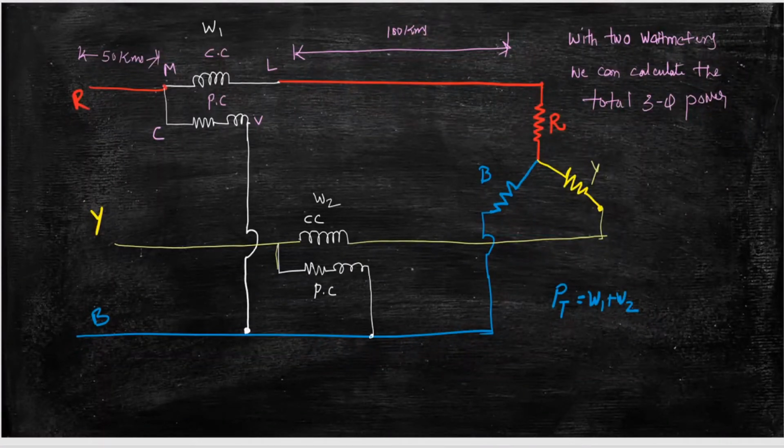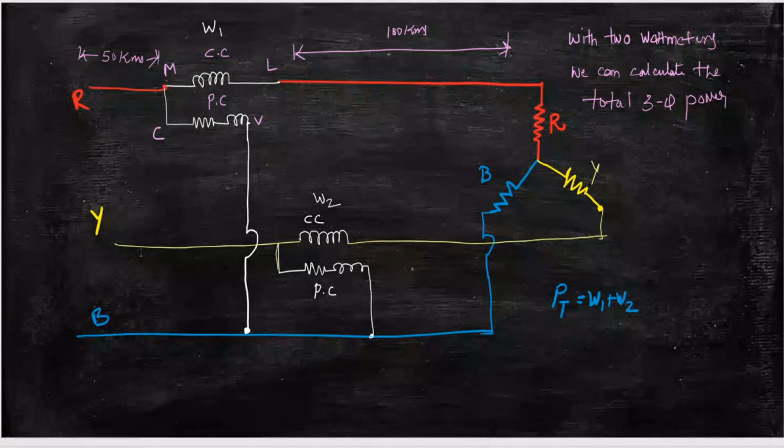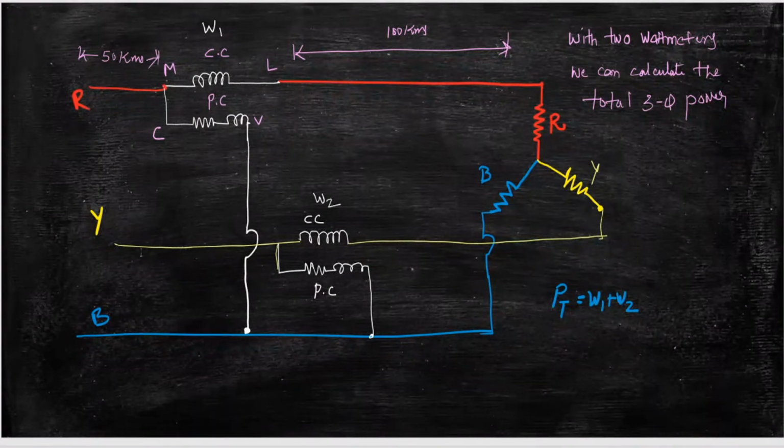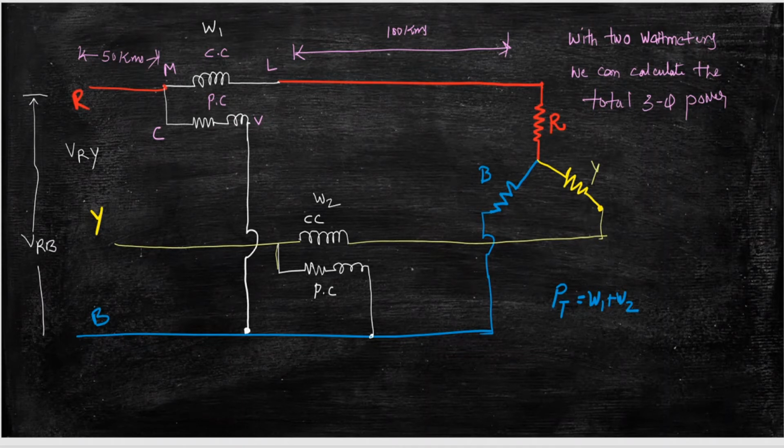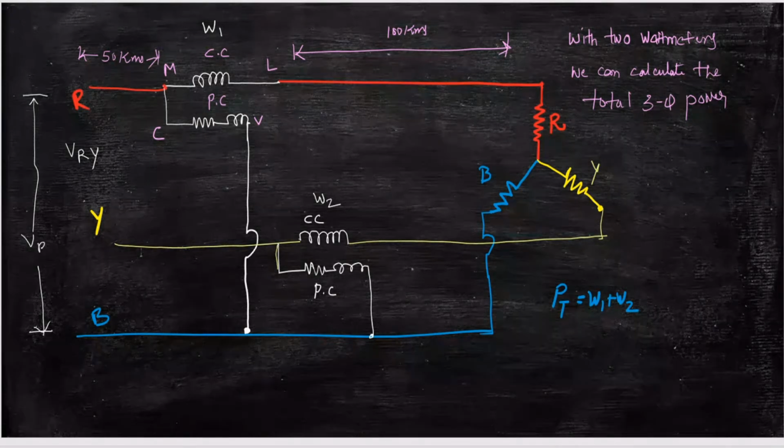Now see here, listen carefully. This is VRY, the line to line voltage, and this voltage is VRB. Or if you follow the phase sequence, it is VBR.